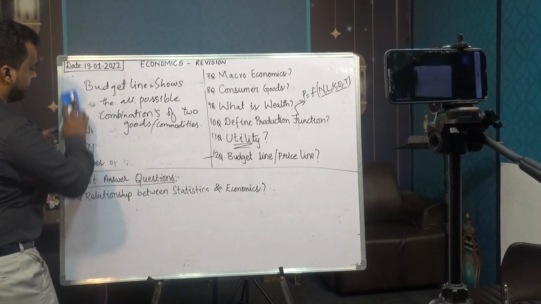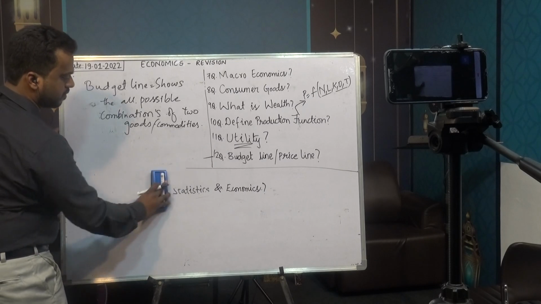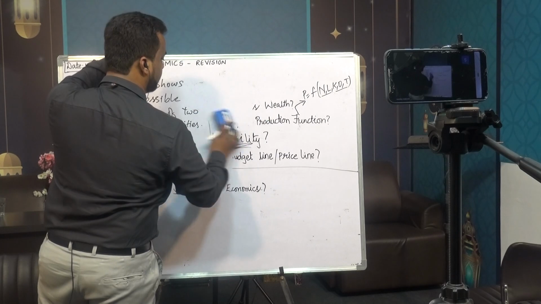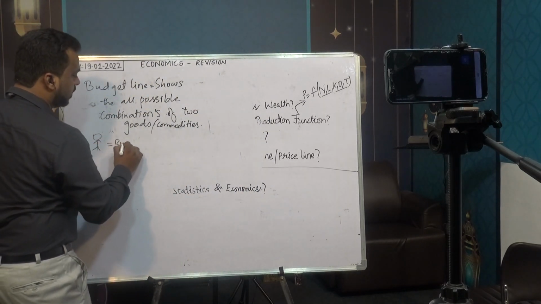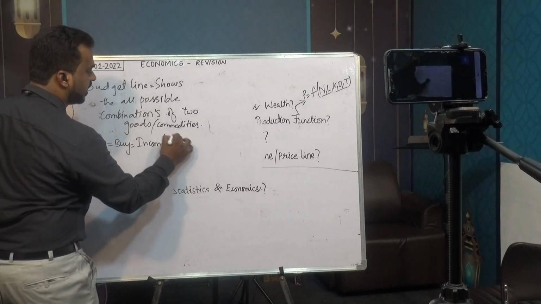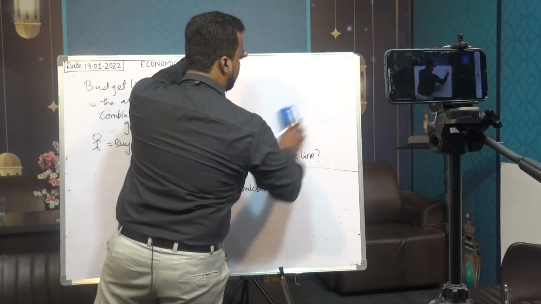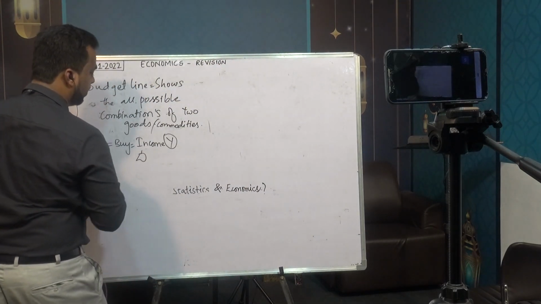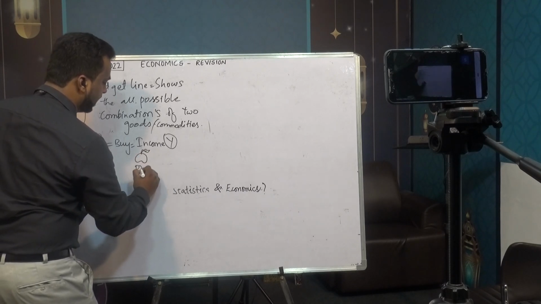Okay, then what is income? A consumer can buy with his income. Income is denoted with the letter Y. Those two goods can be any goods. Okay, and their price.